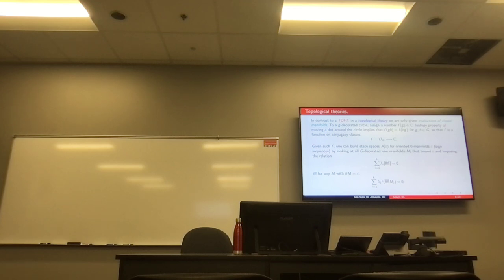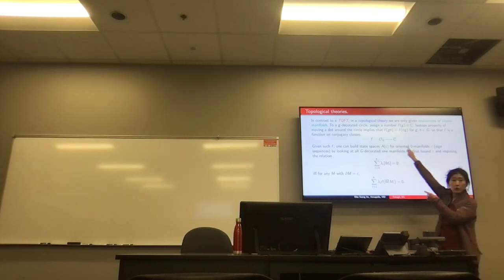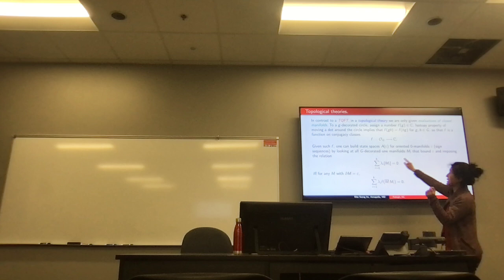So to a G-decorated circle, which is basically a circle with an orientation and a dot labeled by G, we assign the number f of G, which is a complex number. This is the isotopy property: f of GH is equal to f of HG. This isotopy property basically implies that f is a function of conjugacy classes. f of G is constant on conjugacy classes.